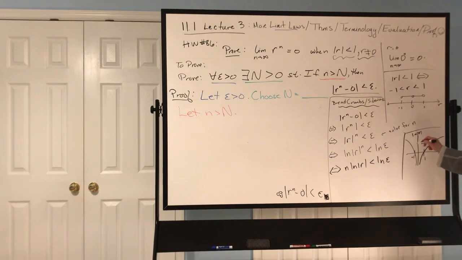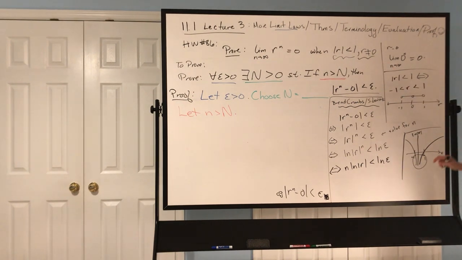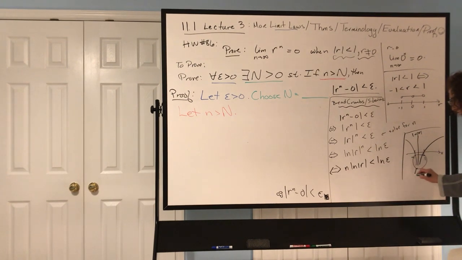So what is true about the natural log of something between negative 1 and 1, not including 0? Good thing we ruled that out, because the natural log of 0 does not exist. That would be bad. But between minus 1 and 1, for this set not including 0, it is negative. So the natural log of the absolute value of r is negative.